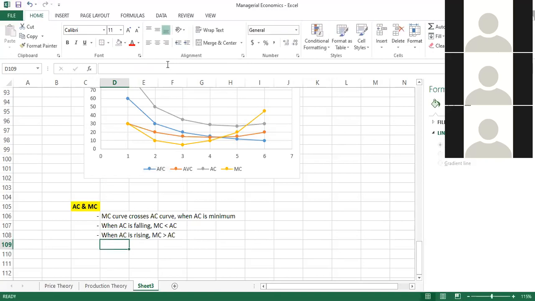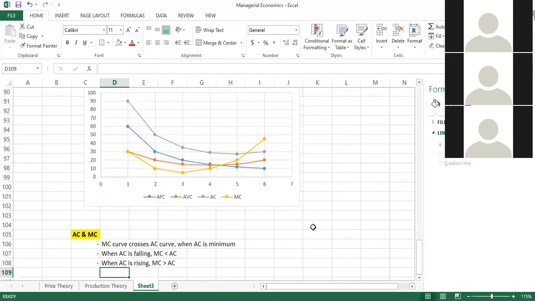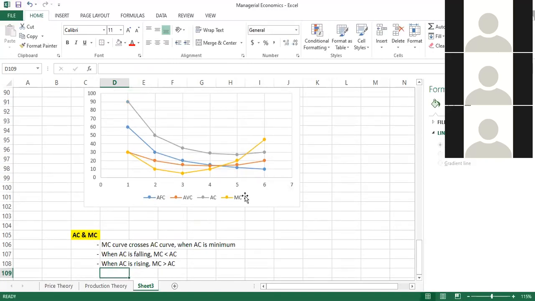So these are the other ways we can analyze it.